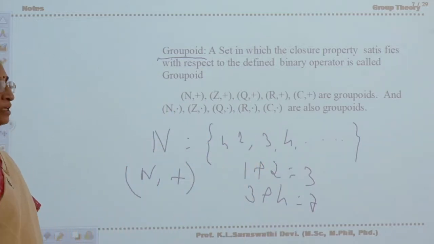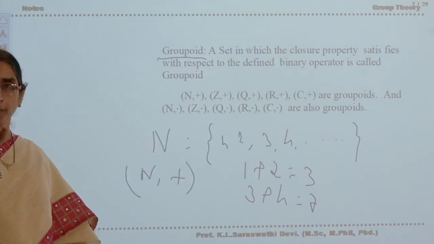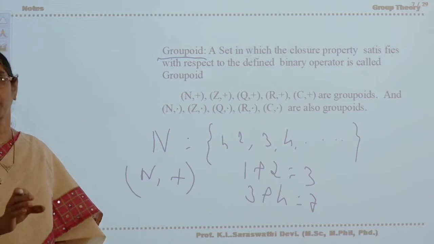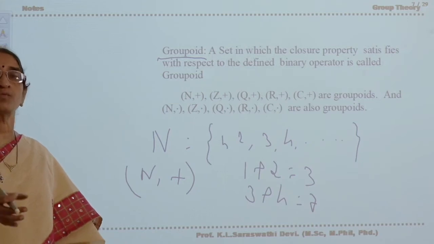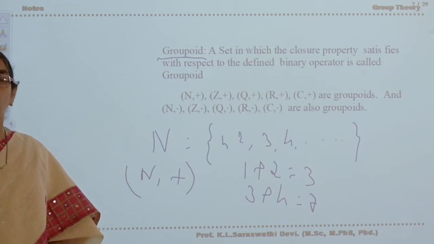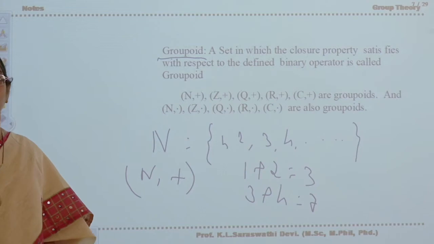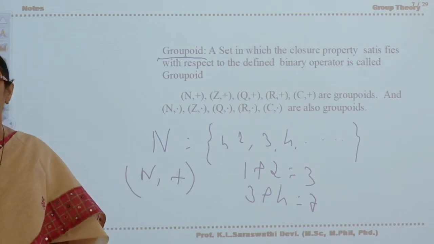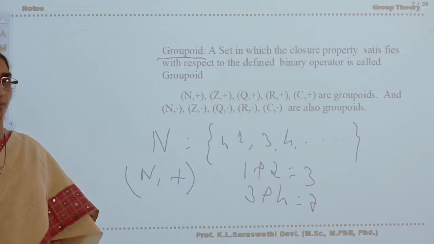That means if you operate the given operator between two elements of the given set and the result belongs to the set, then you say that the operator satisfies the closure property. Every binary operator satisfies the closure property.